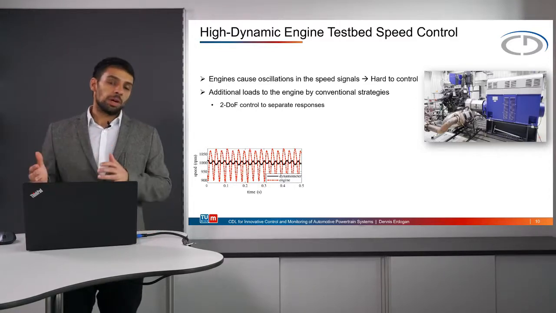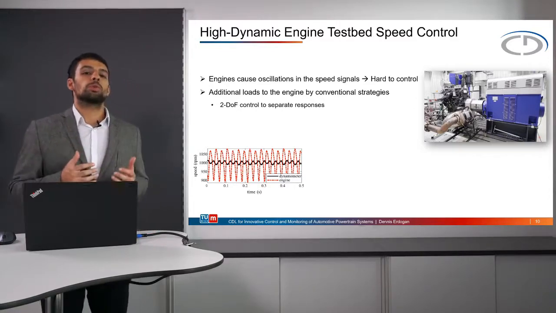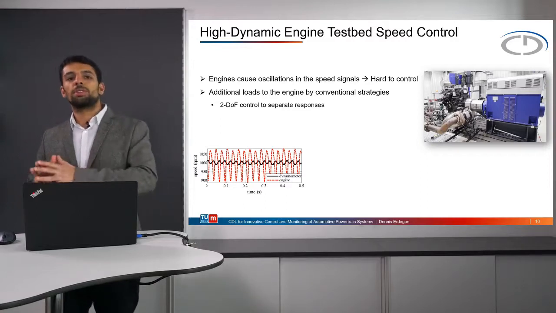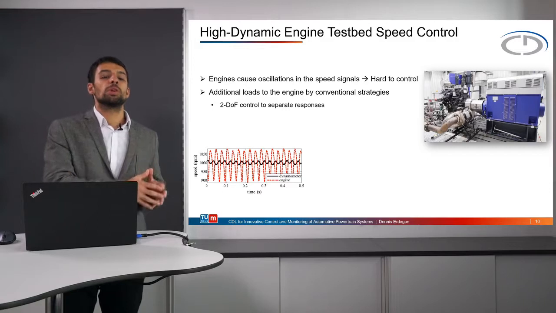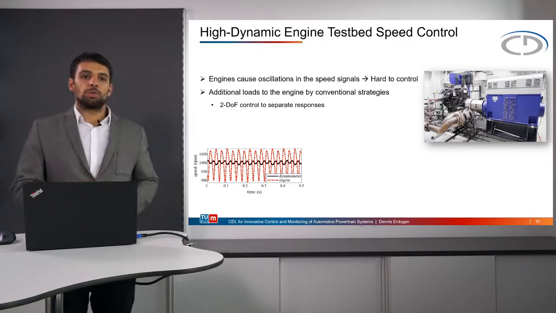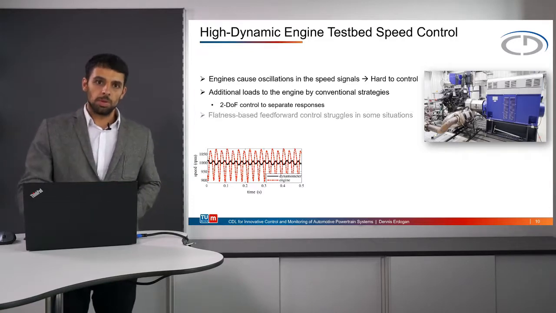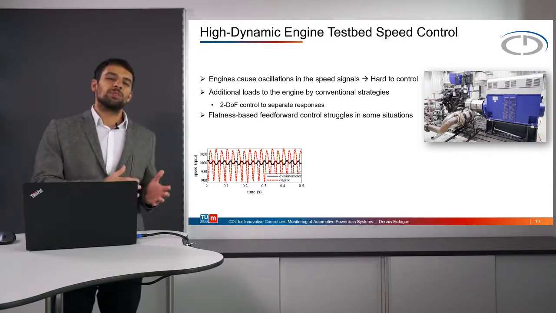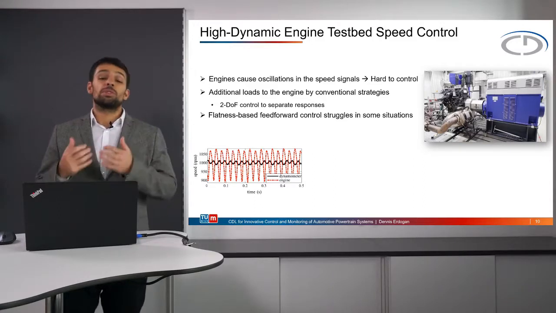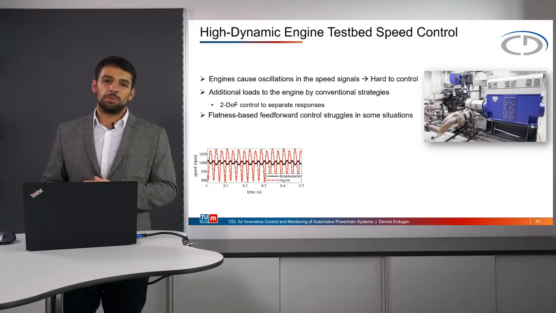An idea how to solve this is the so-called 2-degree of freedom control. This separates the disturbance response from the reference response of a controller. Most of the time, flatness-based feed-forward controllers are used for this purpose, but they struggle in some situations.